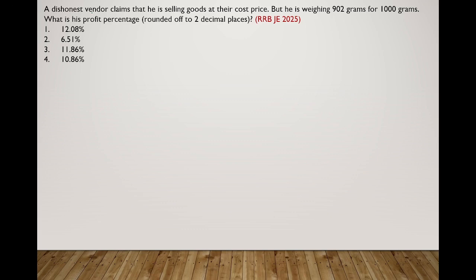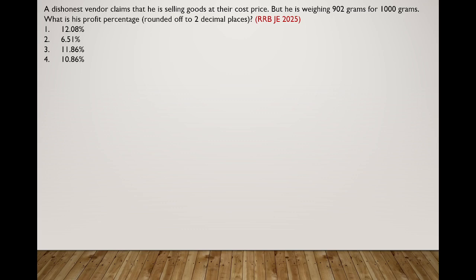A dishonest vendor claims that he is selling goods at their cost price, meaning selling price equals cost price, but he is weighing 902 grams for 1000 grams. What is the profit percentage? Because the vendor claims selling price equals cost price, but he is dishonest.